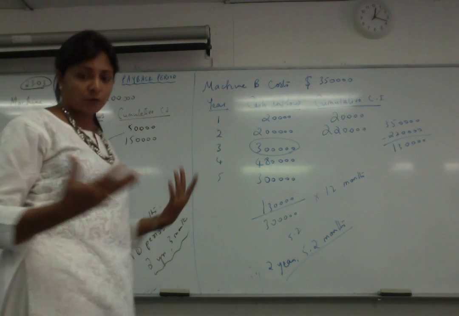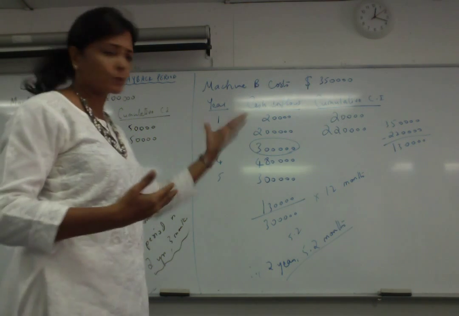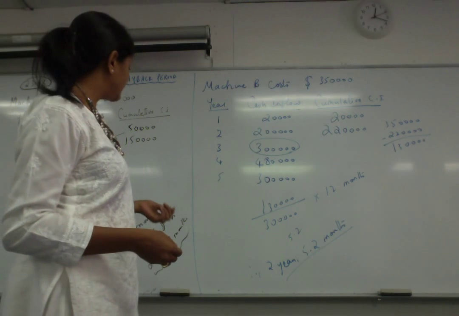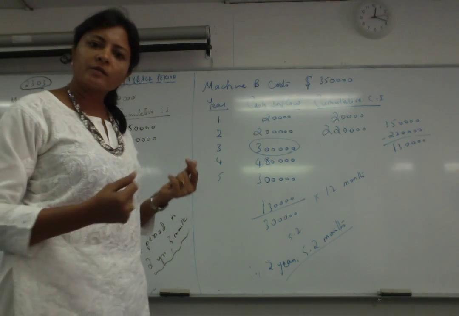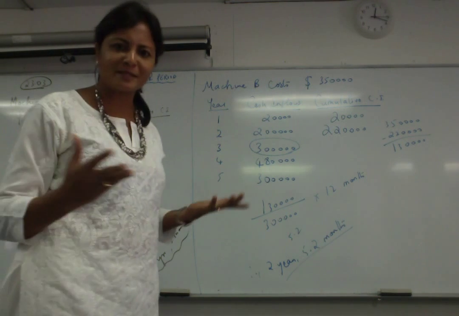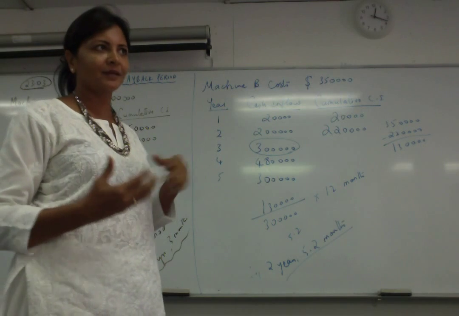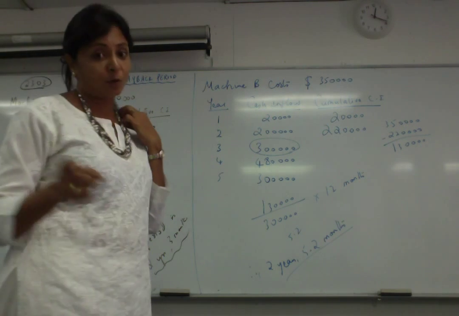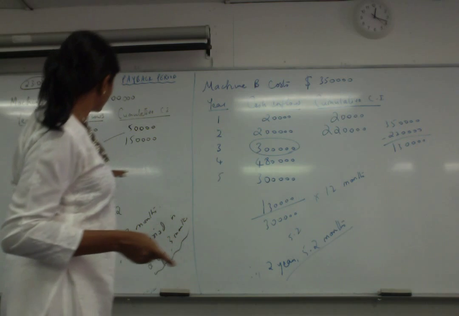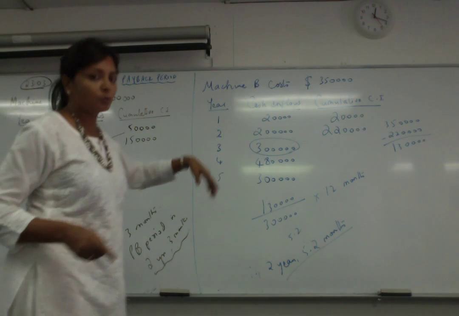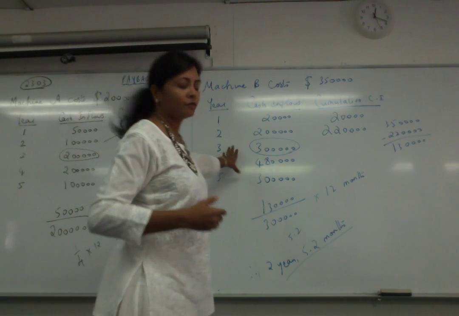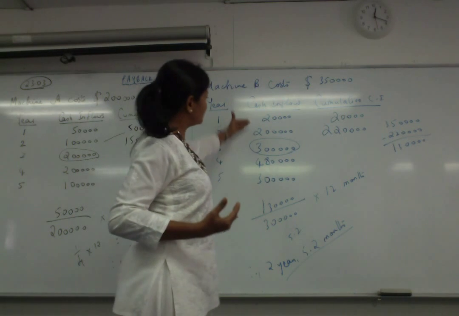So the advantage of using payback is it's very simple, it's universally used, and it goes with the quickest returns. It's very simple, isn't it? It's very easy to articulate. But the drawback is we don't know. A machine could be profitable, could be of much use in the latter years.